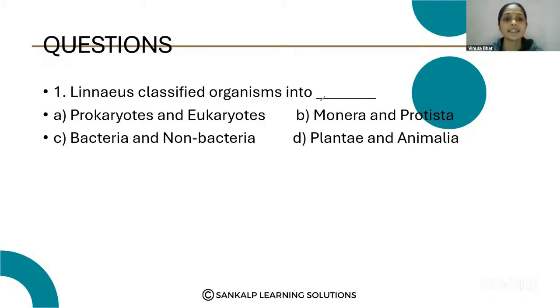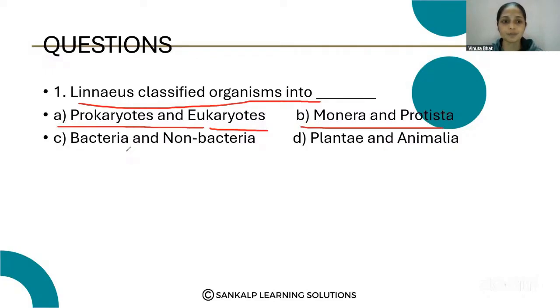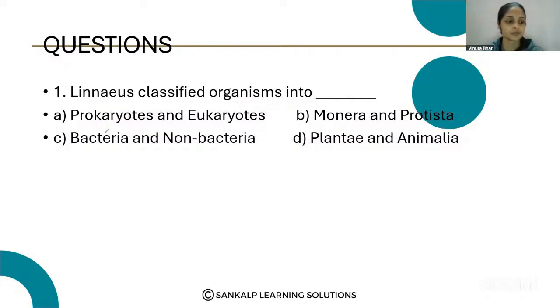First question: Linnaeus classified the organisms into prokaryotes and eukaryotes, Monera and Protista, bacteria and non-bacteria, or plantae and animalia. What is the answer for this question? Try to answer.